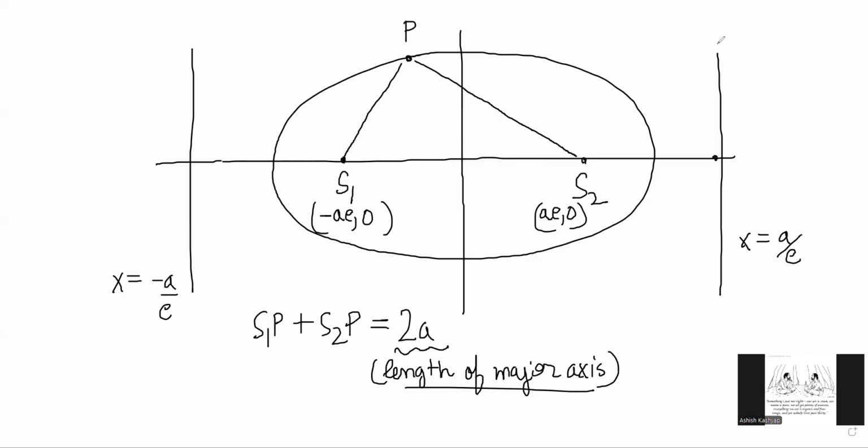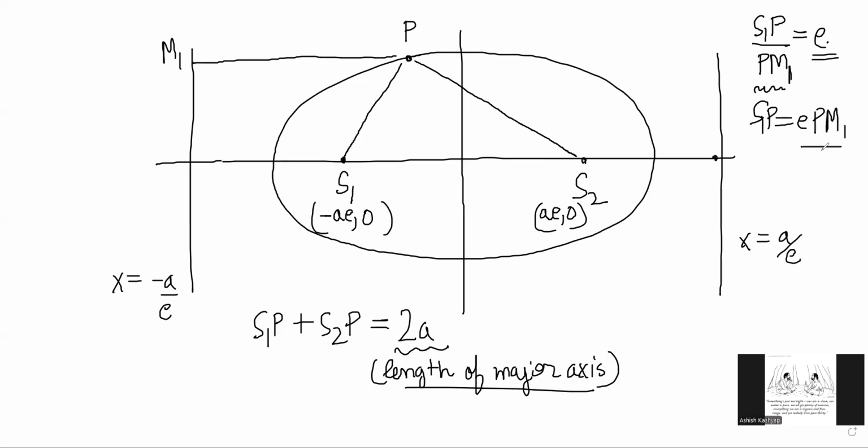S1P, by definition of the ellipse, S1P by PM should be e, right? And here I will say it is PM1 because it is to this directrix. We know that the focal distance is in the ratio e to the distance from the directrix, so S1P is equal to e times PM1, right?